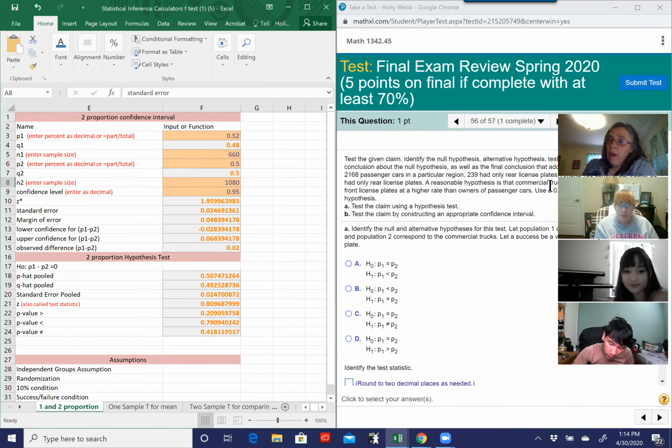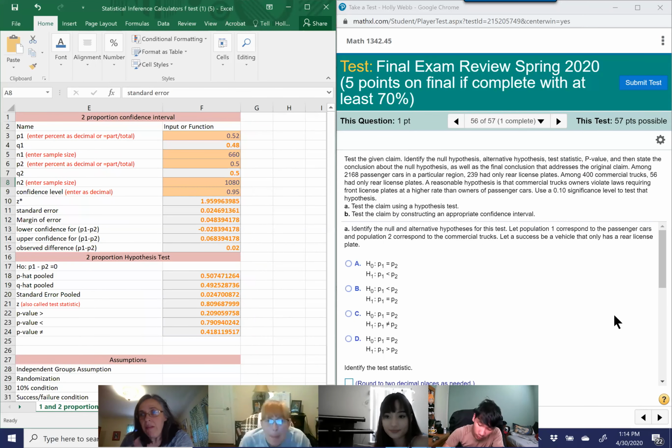All right. It says test the given claim and identify the null and the alternative hypothesis, find the p-value, state the conclusion, as well as the final conclusion that addresses the original claim. Among 2,168 passenger cars of a particular region, 239 of them had only rear license plates, and of 400 commercial trucks, 56 of them had only rear license plates.